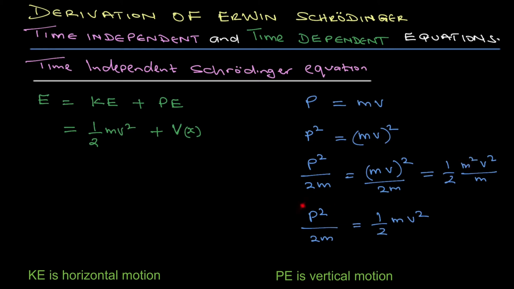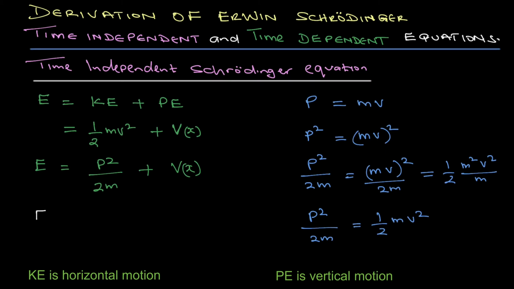Now I can replace the a half mv squared with p squared over 2m here. Therefore, E equals p squared over 2m plus V(x). So what I need to do now is to make p squared the subject. I need to take away V(x) from both sides and multiply both sides by 2m.